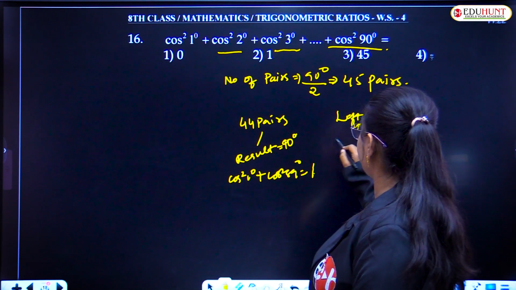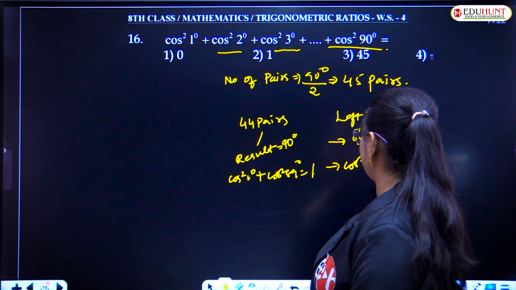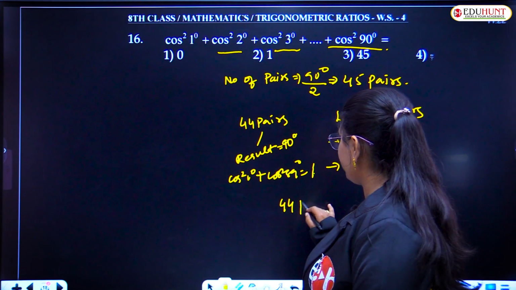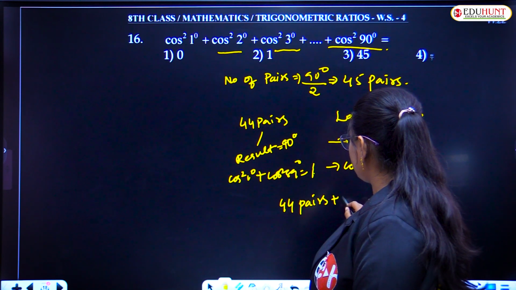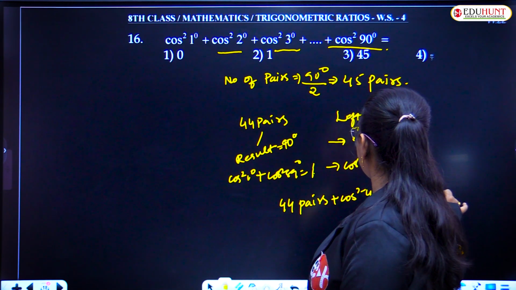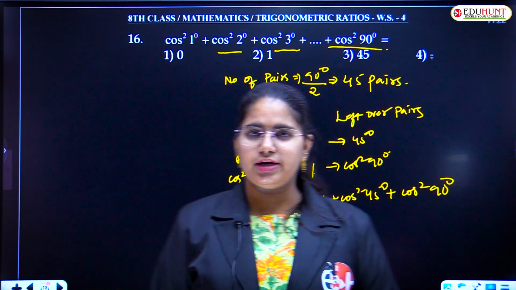Two terms you should write. One is cos square 45 degree, other is cos square 90 degree. Am I correct? Yes or no? So 44 pairs plus cos square 45 degree plus cos square 90 degree. This is the answer you need to find. This is my result, right?